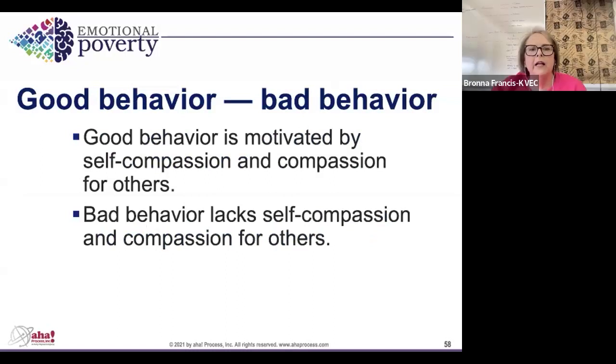Bad behavior lacks self-compassion and compassion for others. And we've seen that, sometimes when kids are misbehaving or they've had some incidents where they're behaving badly, some of them will automatically just feel remorse, I shouldn't have done that, and some, there's none there.